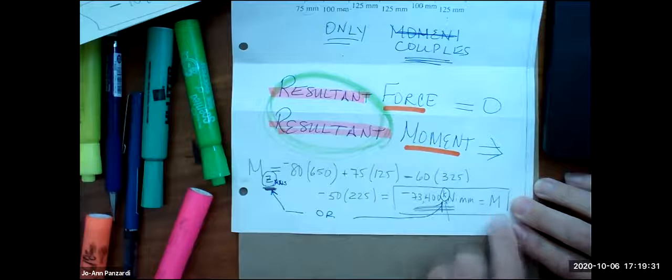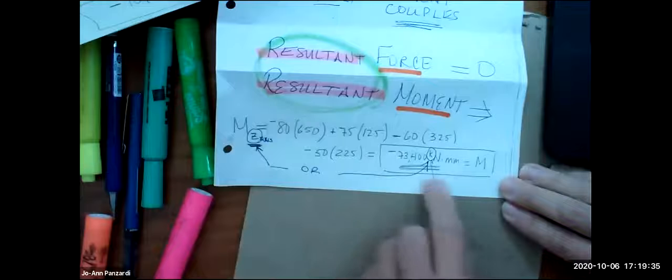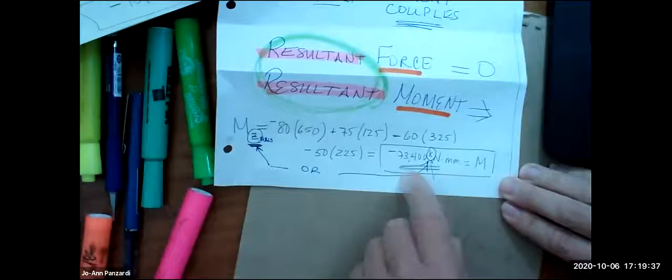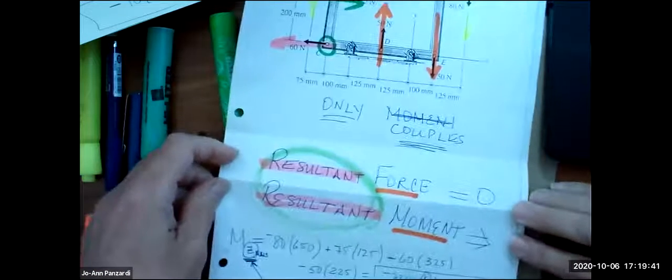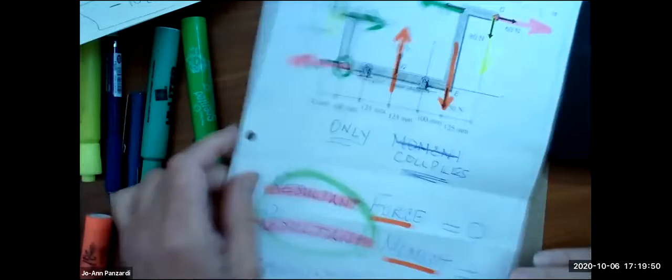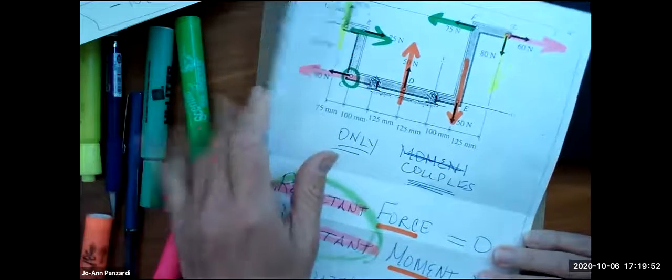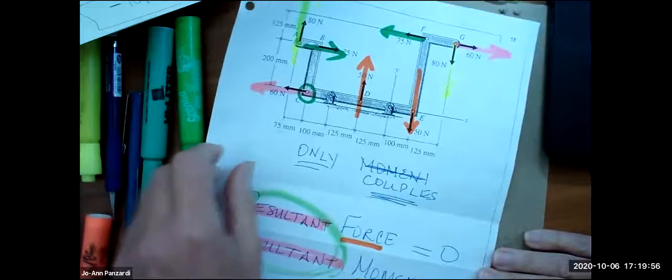Because when I say what is the resultant, you're telling me the resultant moment is this. What is the resultant force in this problem? Zero. Okay? So from now on, when a statics problem says what is the resultant, you have to give the resultant force and the moment.